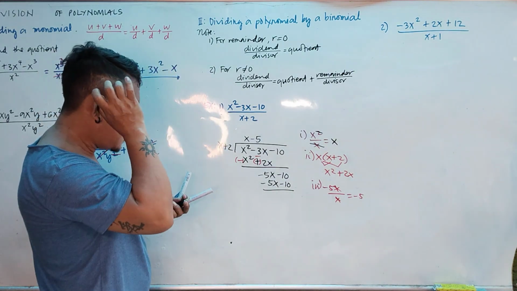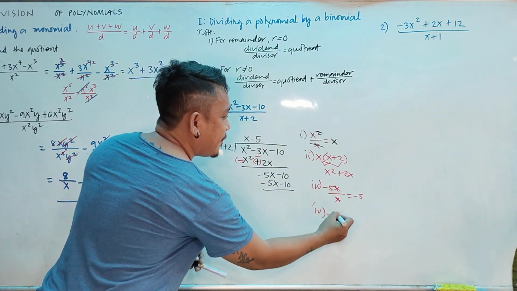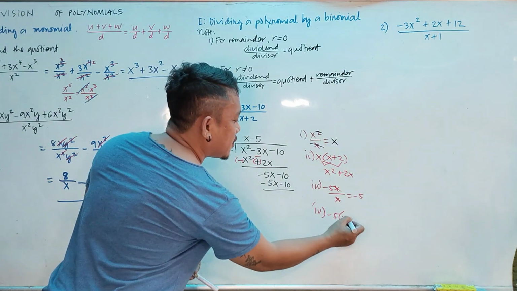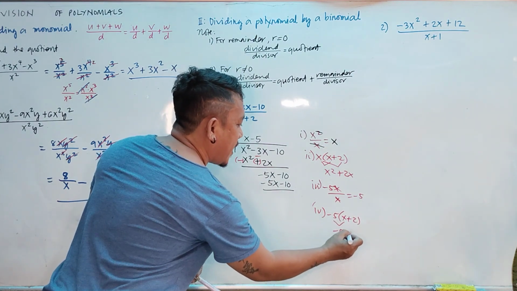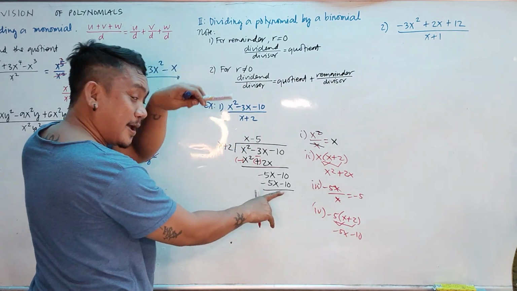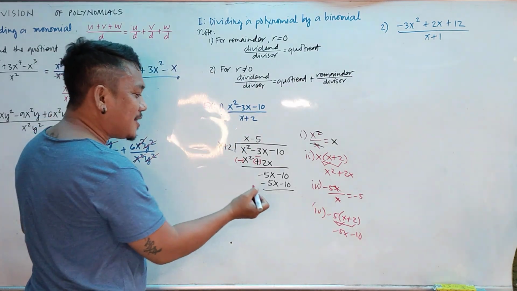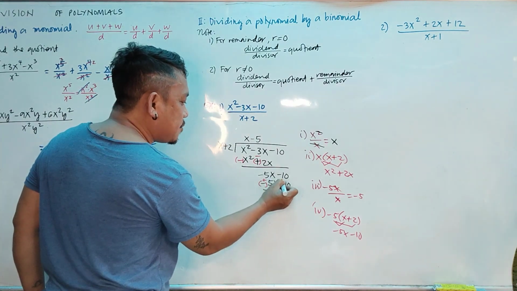What is step 4? Negative 5, we multiply to the divisor x plus 2. So, negative 5 times x, negative 5x. Negative 5 times 2, negative 10. Again, the sign changes, so it becomes positive.